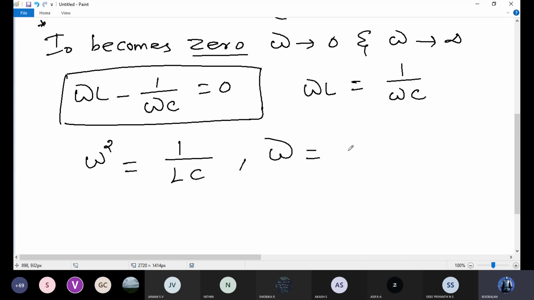Omega equal to 1 by root of LC. This is also an important formula.